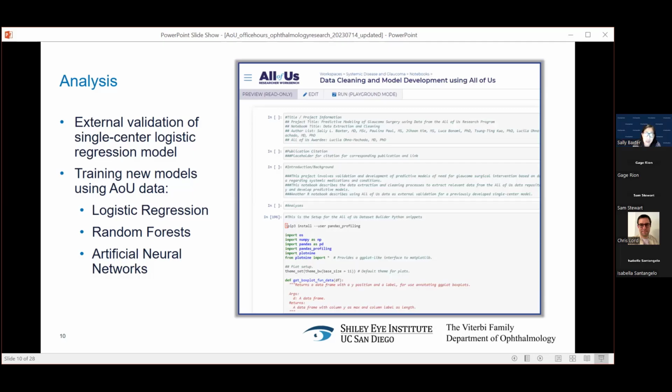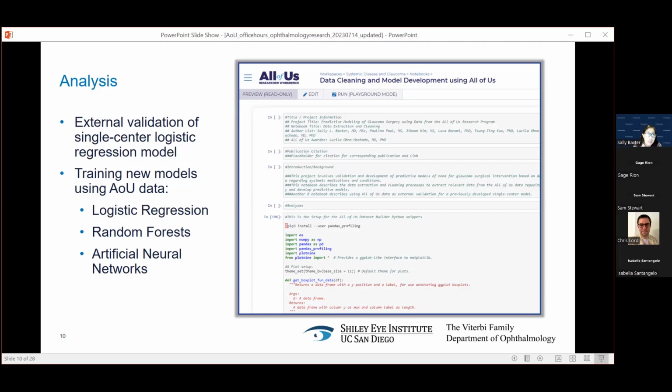And I think that's another resource that you can use, and certainly the code is open and shared with All of Us users, and happy to answer questions that you might have, or you can certainly access the code for your own projects as well.